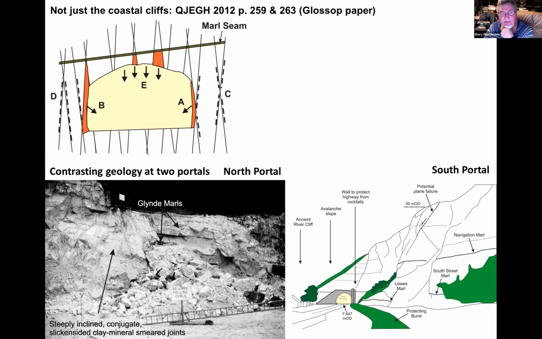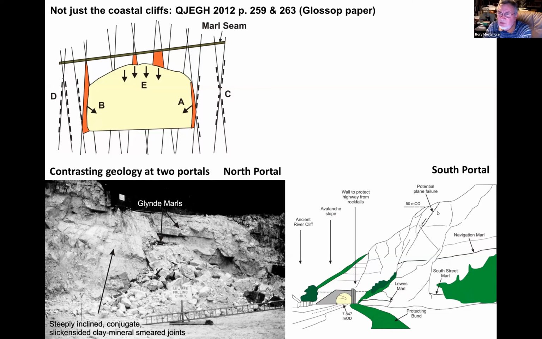And as soon as we opened up the face on this slope, it collapsed along those fractures. And these fractures tend to be highly polished. They tend to be clay mineralized, so much reduced friction on them and cohesion. So they fail much more easily.